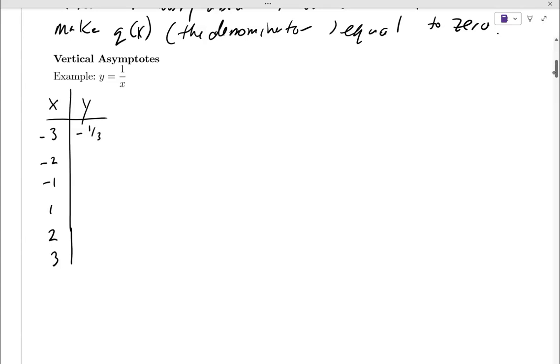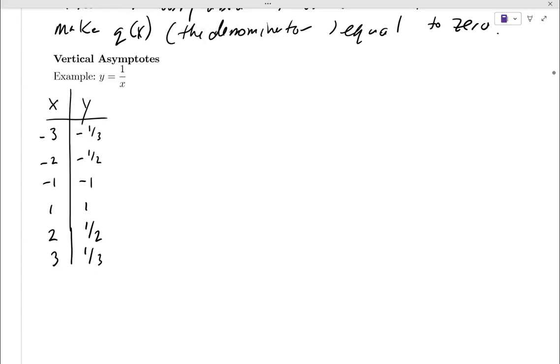Put in -2, you get -1/2. Put in -1, we get -1, right? We're just doing reciprocals. So on the other side, we'll have 1 and 1/2 and 1/3. In particular, notice that the bigger the x gets, the smaller the y gets, right? If you divide by bigger and bigger numbers, you get smaller and smaller numbers.